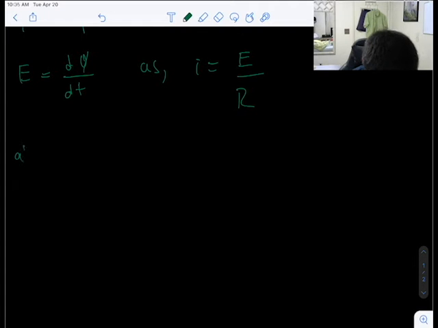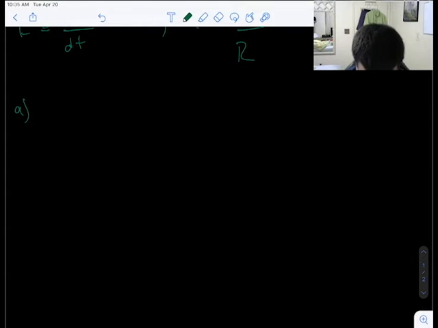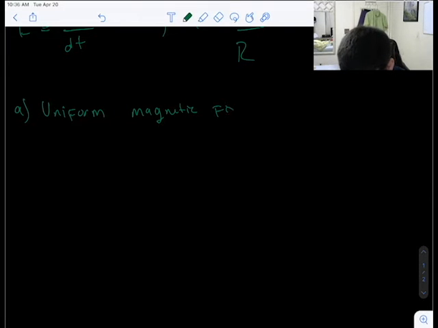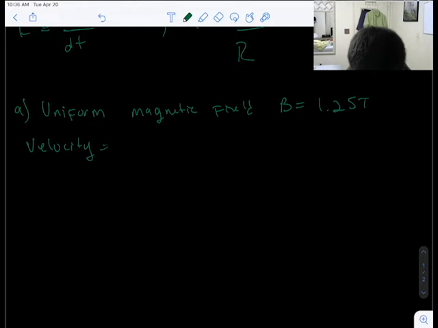So part A. We have a uniform magnetic field, B equals 1.25 T. Velocity is given as V equals 3.0 meters per second.